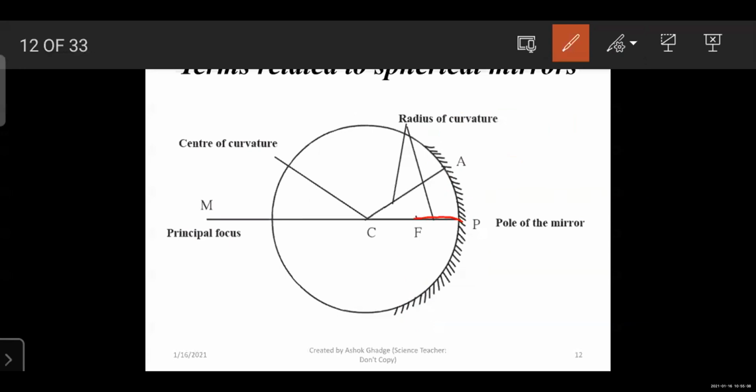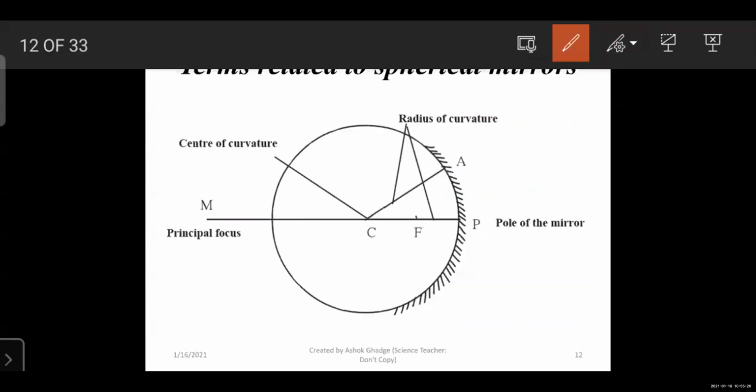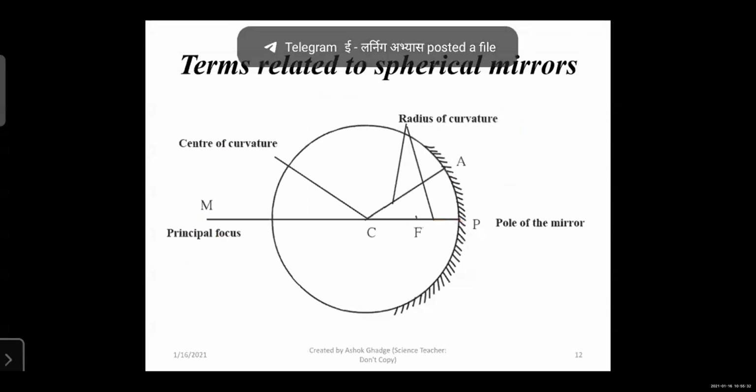The distance between the principal focus and pole will be called the focal length, denoted by small f. The imaginary line which is passing through the pole and center of curvature will be called the principal axis.